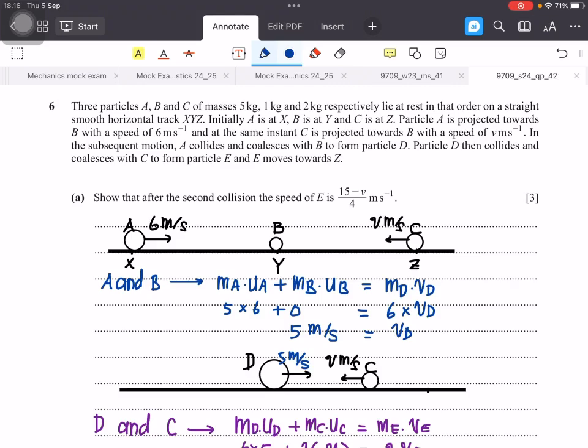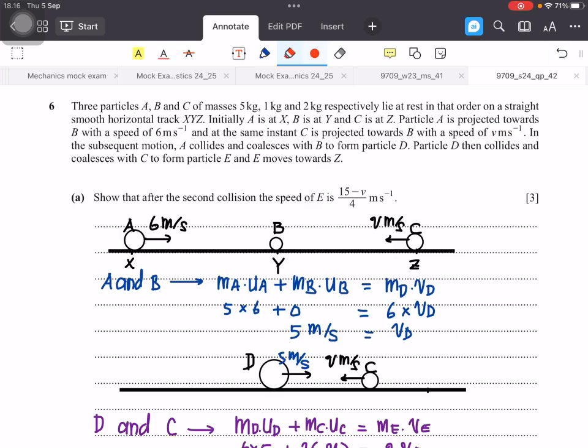Question 6. Three particles A, B, and C of masses 5 kilograms, 1 kilogram, and 2 kilograms respectively lie at rest in that order on a straight, smooth horizontal track XYZ. Initially, A is at X, B is at Y, and C is at Z. Particle A is projected toward B with a speed of 6 meters per second, and at the same instant, C is projected toward B with a speed of V meters per second.